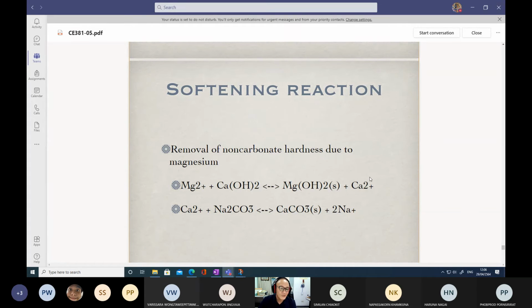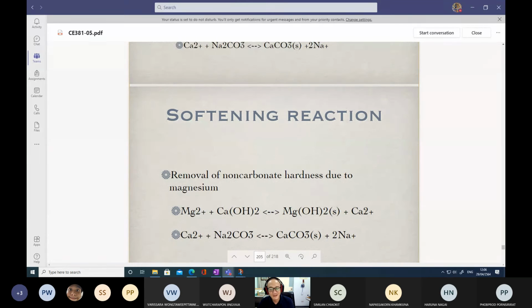We want to completely remove calcium and magnesium. So for this calcium, we need another mole of soda ash so that we get the precipitated form of calcium carbonate. So for non-carbonate hardness, anyway, we need the soda ash. Soda ash is much more expensive than the lime.